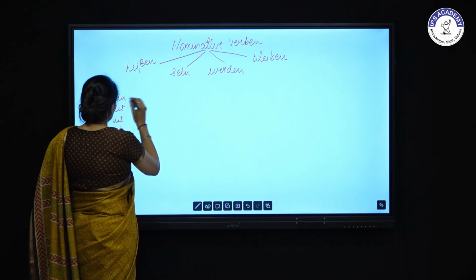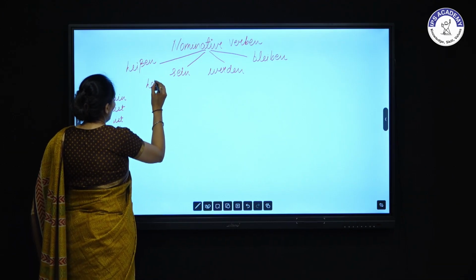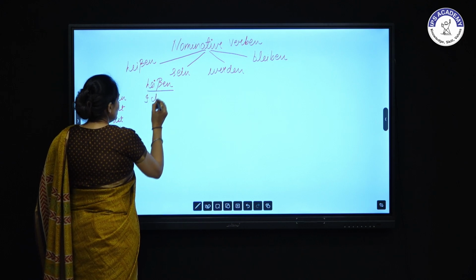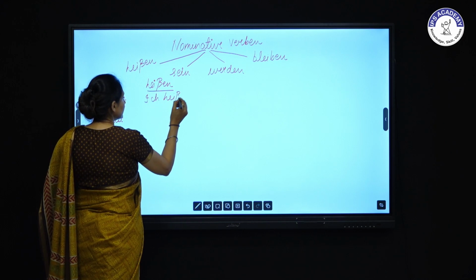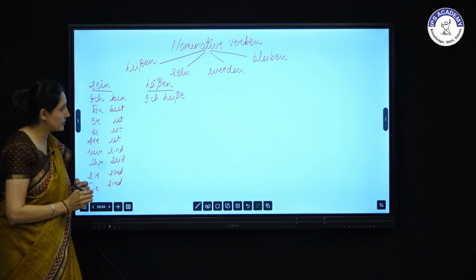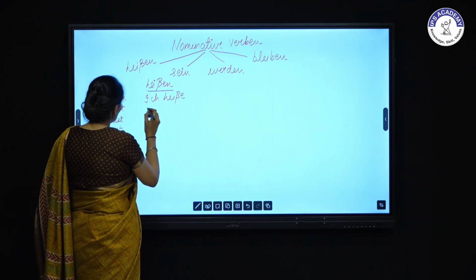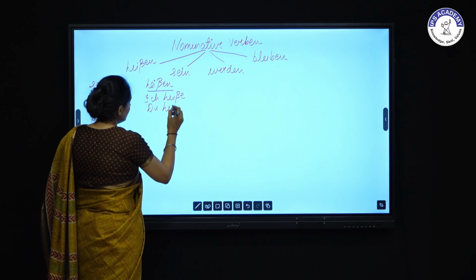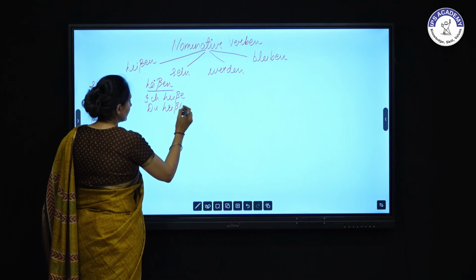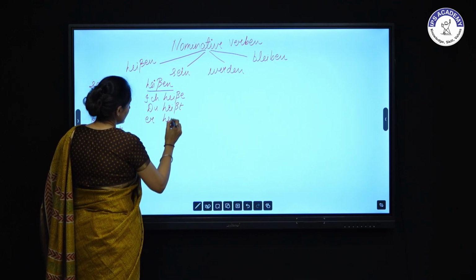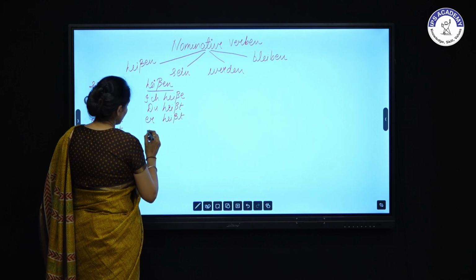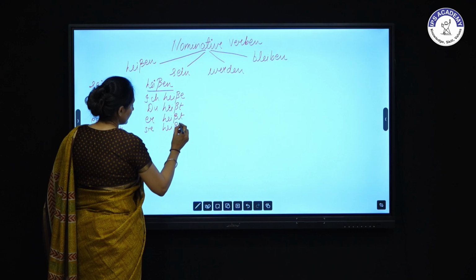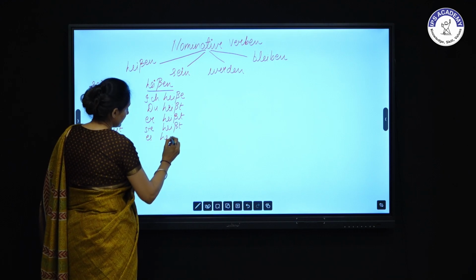When it comes to heißen, how we conjugate it is ich heiße. Now these are all verbs that come with the nominative. Du heißt, er heißt, sie heißt, es heißt.